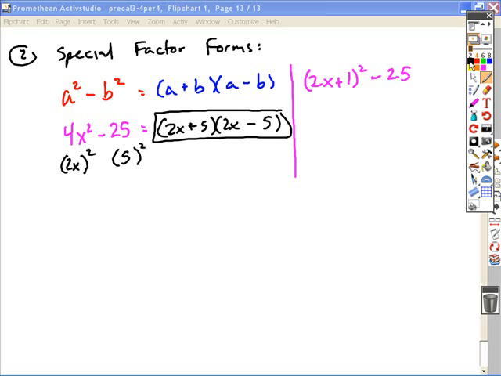Yeah. Now, many of you are going to be tempted to expand out the first polynomial, combine all the like terms, subtract 25 from that, and then try to factor it again by hand, which is what we'll talk about in the last section, next week. But it might be easier for you to recognize this fits the pattern of difference of squares.